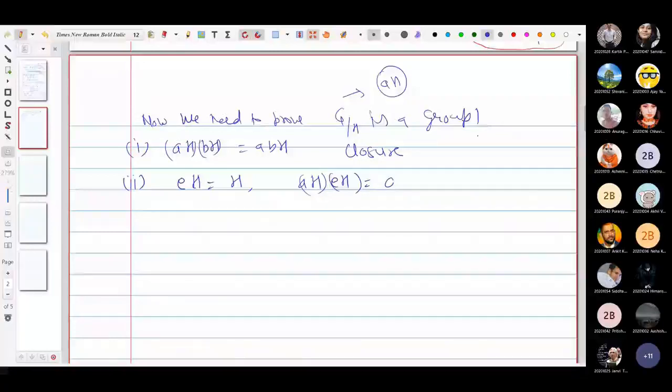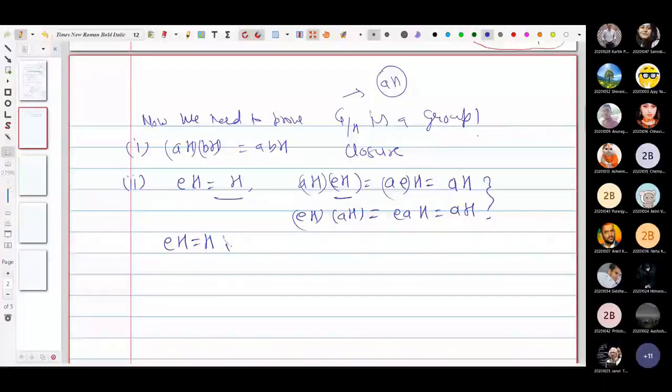So you can write E A H, and this is going to be again A H. So we find that E H, which equals H, is essentially the identity of G by H.